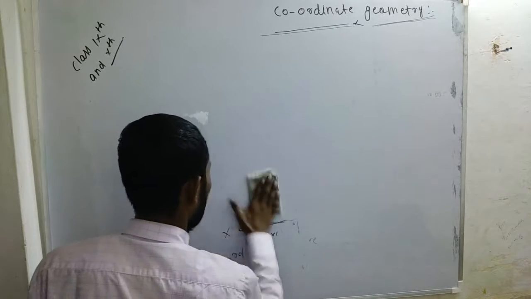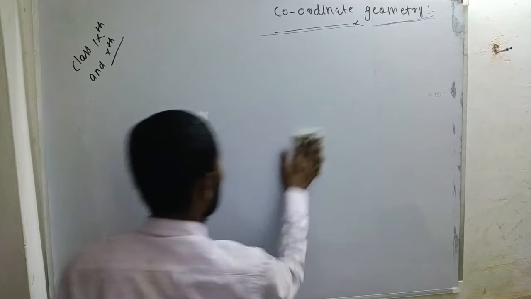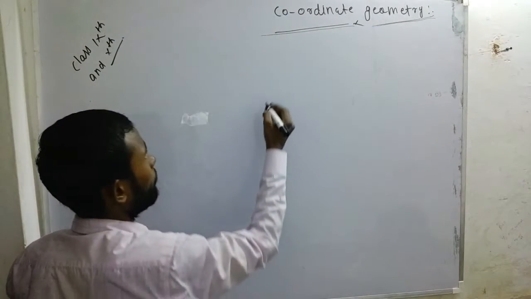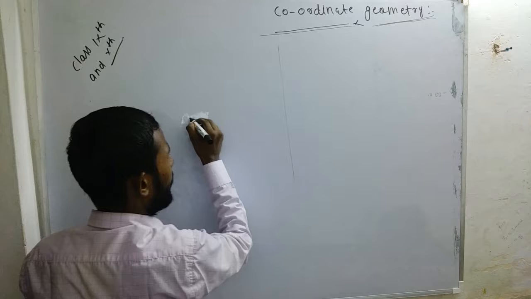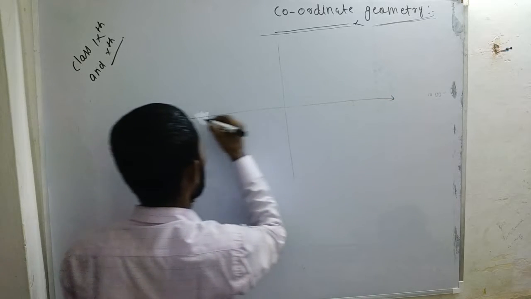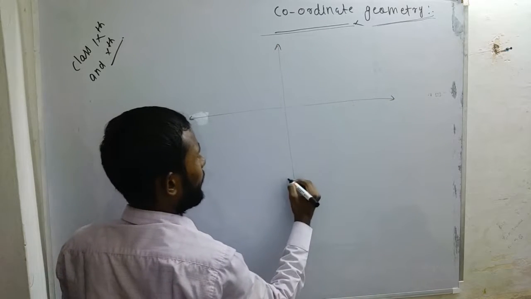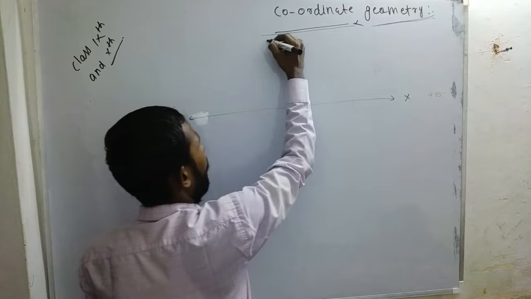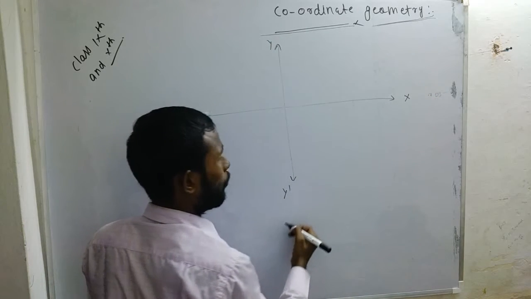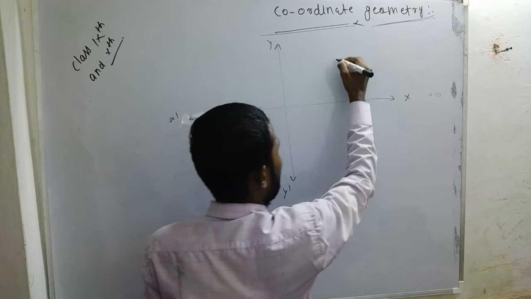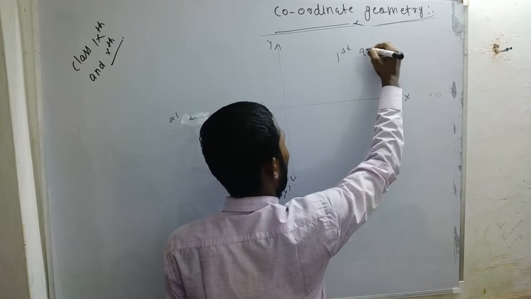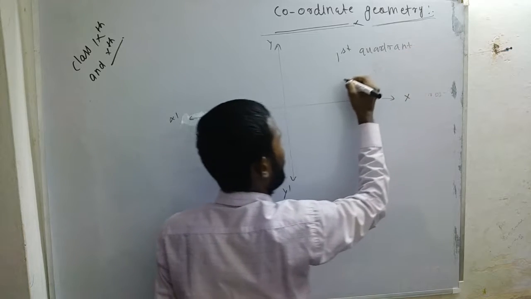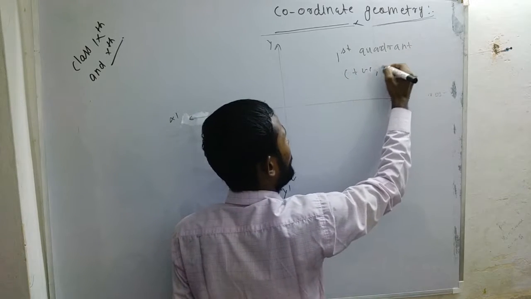That means until now we have studied that if we take two mutually perpendicular lines in a plane, the horizontal line is called the x axis while the perpendicular line is called the y axis. This is called the first quadrant, in which we take always positive.